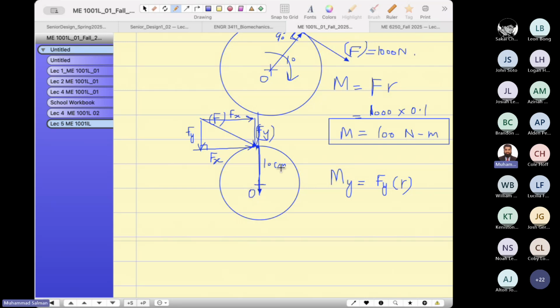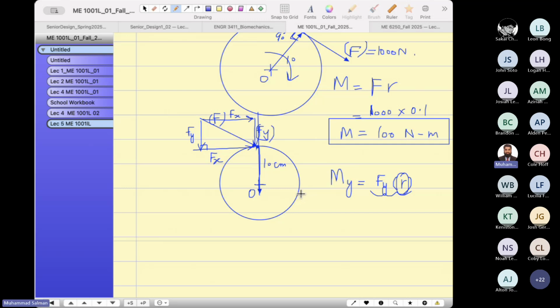I'm talking about Fy. I'm looking for this R. What is the moment arm caused by Fy? I haven't seen the correct answer up until now.